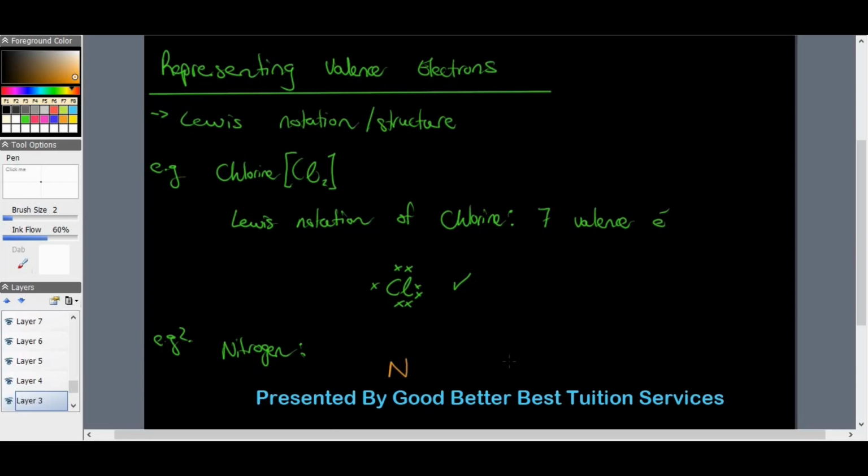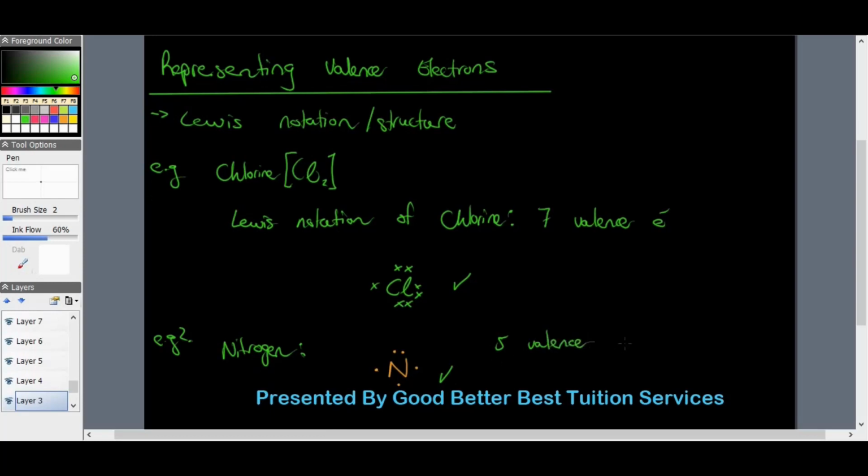So we know it has 5 valence electrons. All we do is fill out 1 on each side first, the 4, and then we fill in the other 1 for the 5th one. So we've got 2, 3, 4, 5. This would also be correct because it has 5 valence electrons.